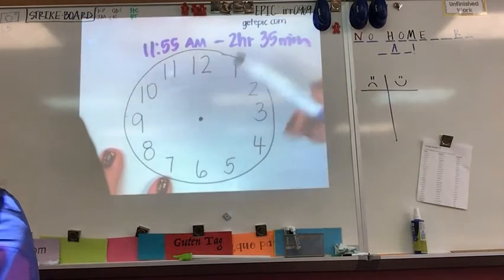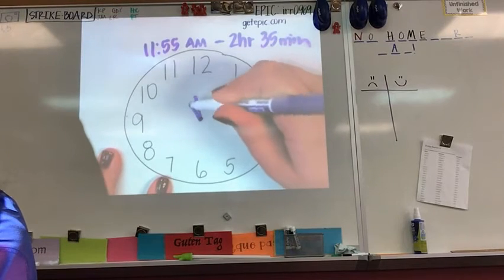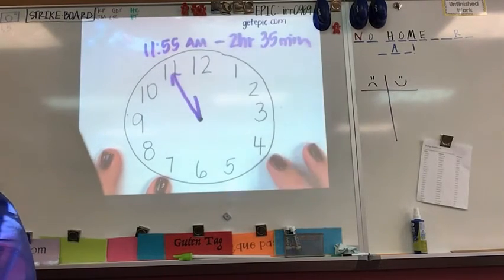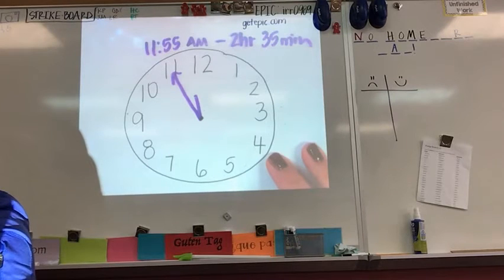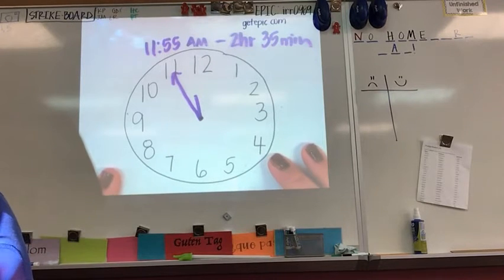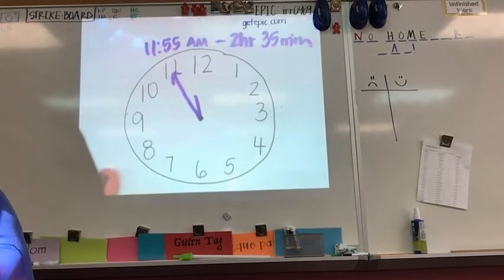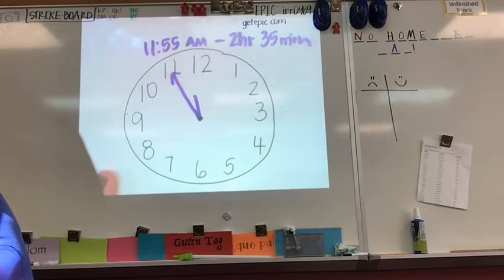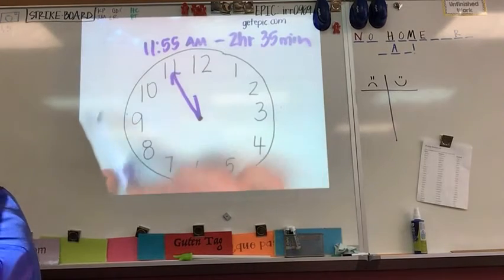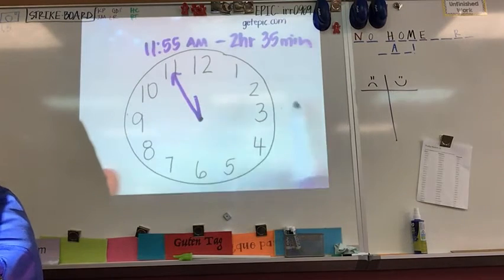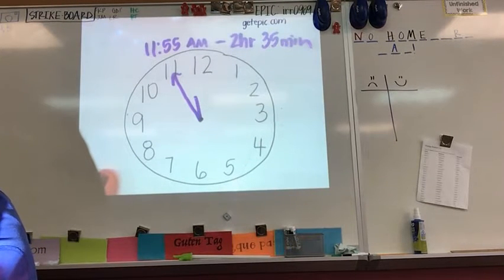We'll go ahead and start with 11:55. That's a familiar time for us now today. I would like you to practice this one on your clocks. You'll pause your screen and work it out, and then when you are ready to check your answer, please press play. So for now, pause and try to count back 2 hours and 35 minutes and see if you get the right answer.